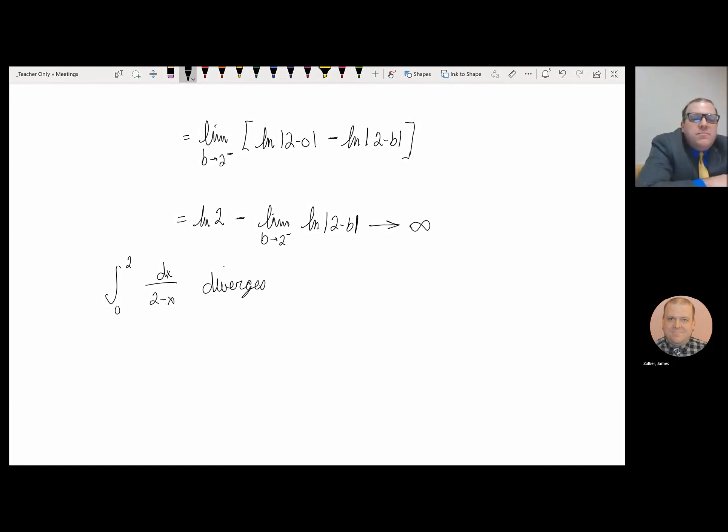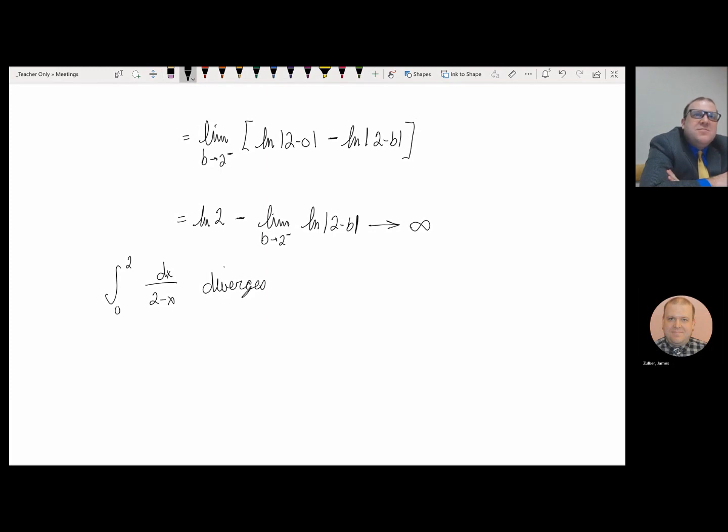The integral diverges. We don't say there's an infinite area under the curve, though you could say it diverges to infinity, because the limit doesn't exist.